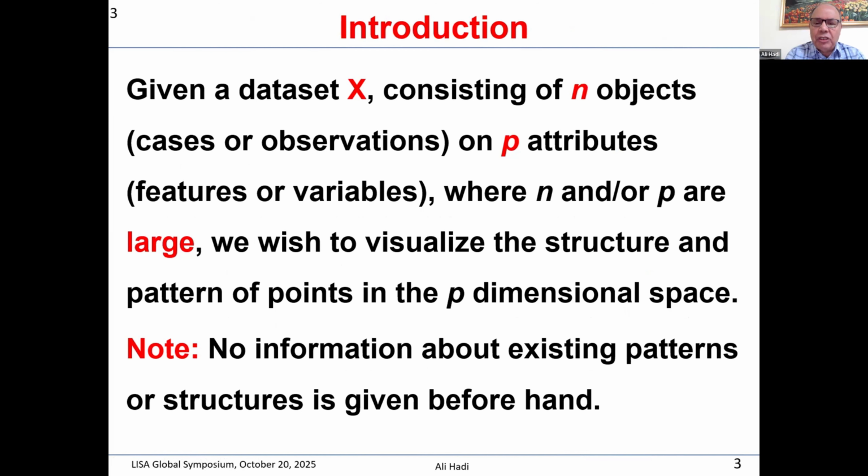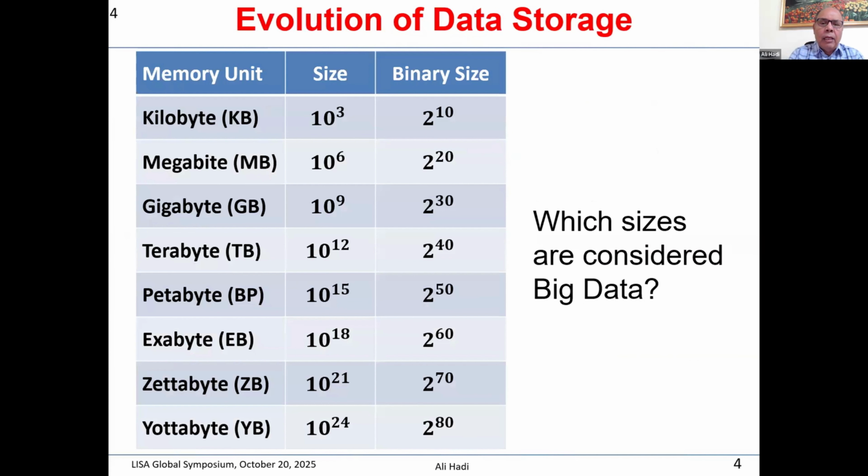And we wish to visualize and understand the structure and the patterns of points in the p-dimensional space. No information about existing patterns or structure is given beforehand, so this falls under the class of what computer scientists call unsupervised learning.